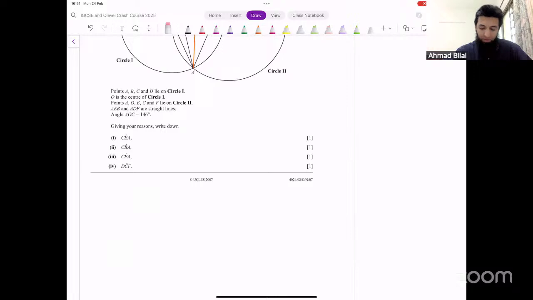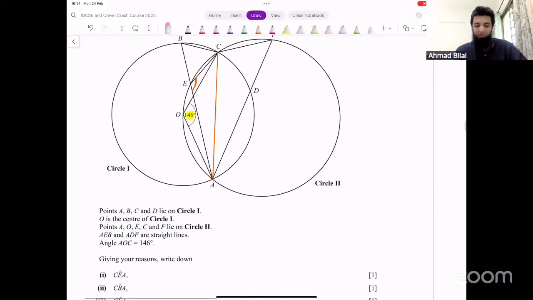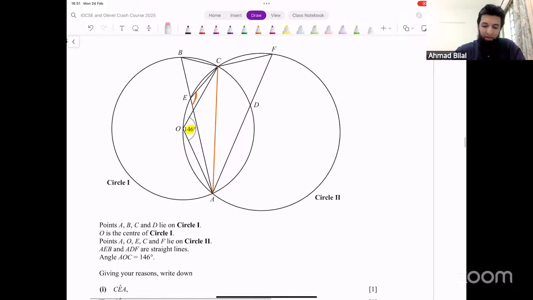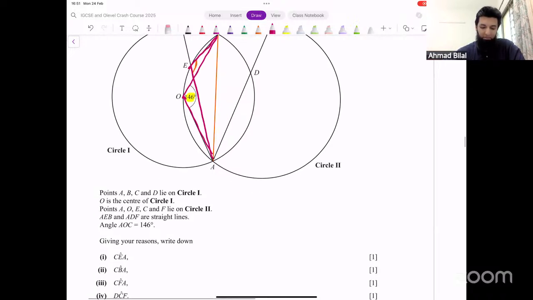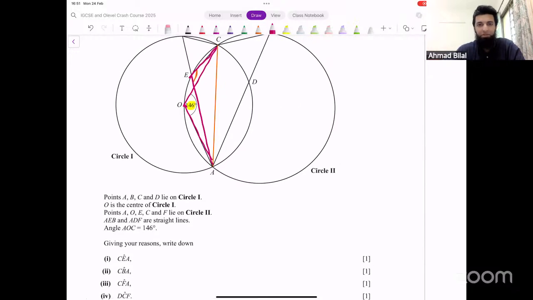So we can draw that chord to make it easier to understand. We have this chord, and this chord is making an angle of 146 degrees at the circumference here. Now that same chord is making another angle here at the circumference. That's CEA. That's going to be the same. That's also going to be 146 degrees.